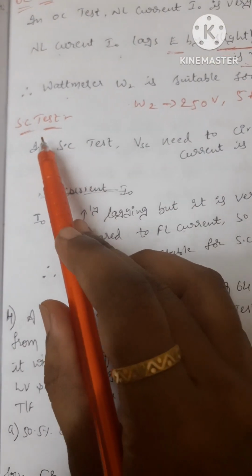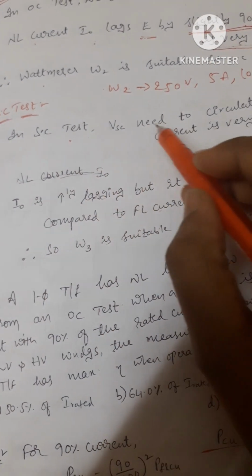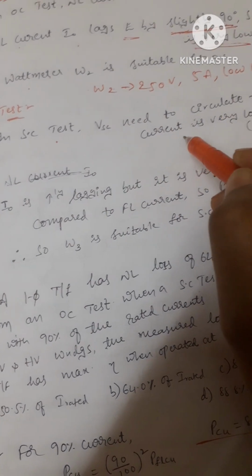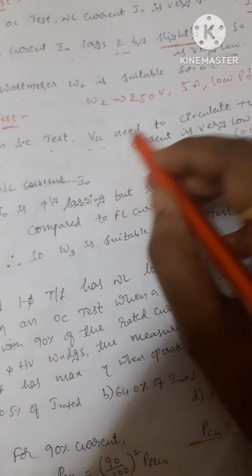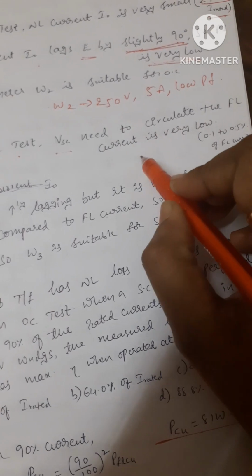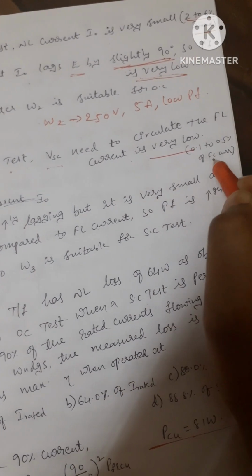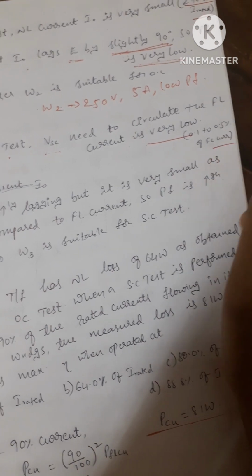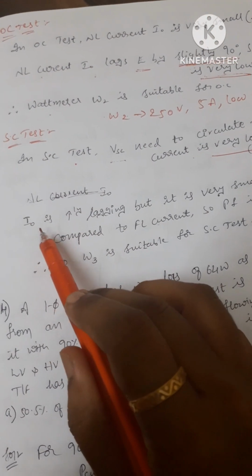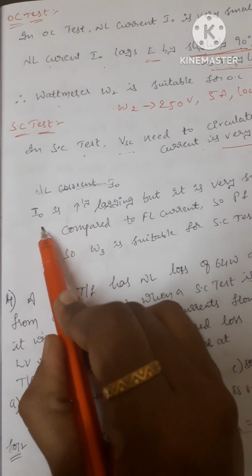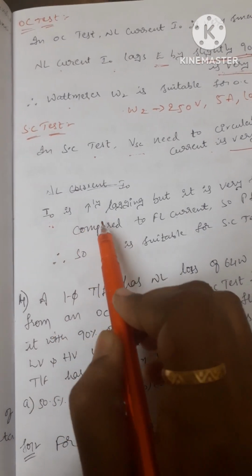In the SC test, the short circuit voltage VSC needs to circulate the full load current, and the voltage is very low, about 0.1 to 0.5% of the rated voltage. The current is high and highly lagging compared to the no load current, so the power factor is high.